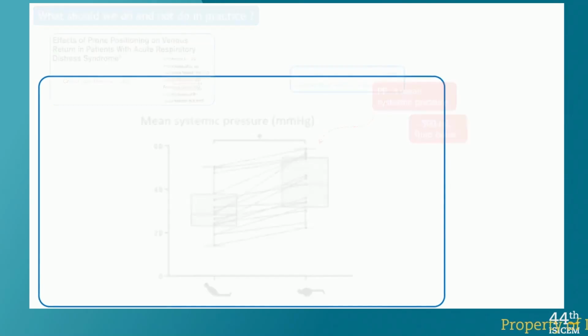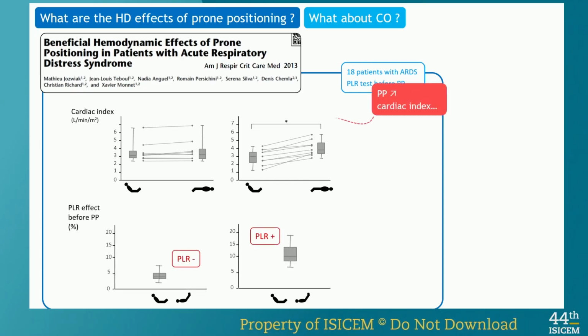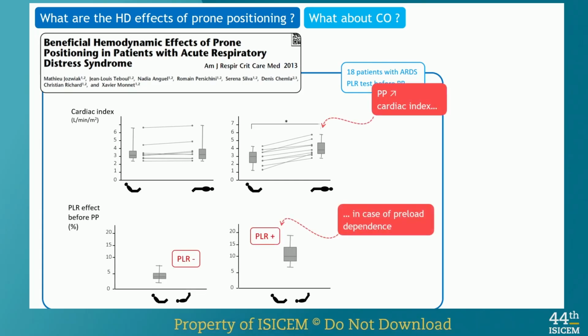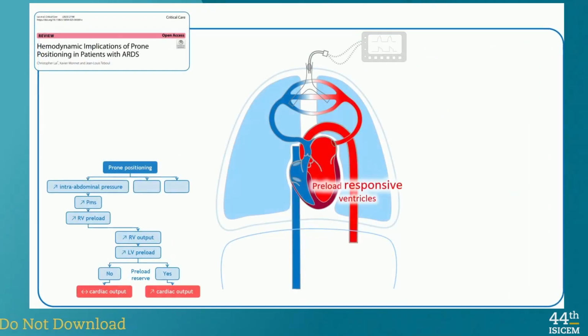And indeed, the response of cardiac output or cardiac index here varies among the patients. And we observed that the increase in cardiac index was observed in patients with a positive passive leg raising test, which means in case of preload responsiveness, just as with a fluid bolus.